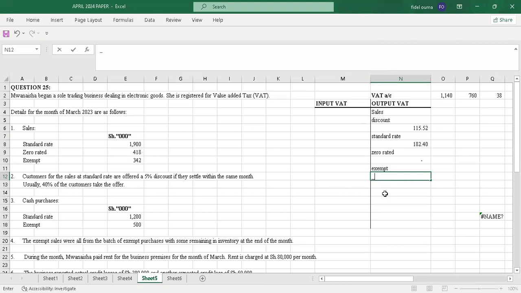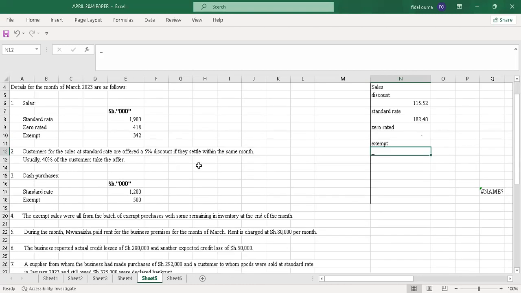In your VAT account you have to include this so that the KRA can see that there was no tax paid, it was exempted. But for zero rated, it's supposed to be 0 here. You have to show clearly that it's 0 and the other one is exempted.